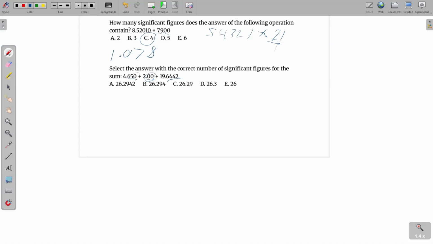And so we already know that this would be wrong, this would be wrong, this would be wrong. It's going to be this one because there's 2 behind the decimal, 2 behind the decimal. That's our lowest amount. And so it'd be a similar thing where you go, okay, let's do the math on our calculator. And then you report back the answer just using rounding.